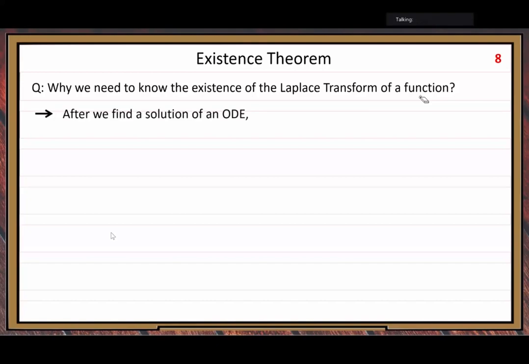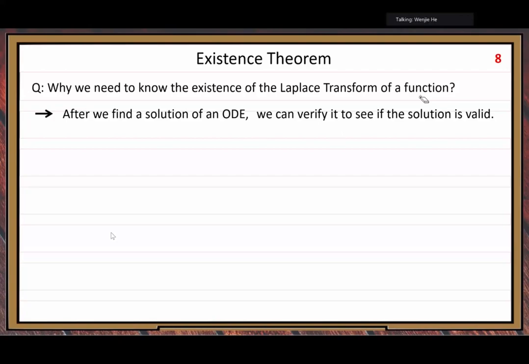After we find a solution of an ODE, we can verify it to see if the solution is valid. So here the argument is like this. Some people may argue: why do you need to check if the Laplace transform exists or not? Just apply it, whatever it is.